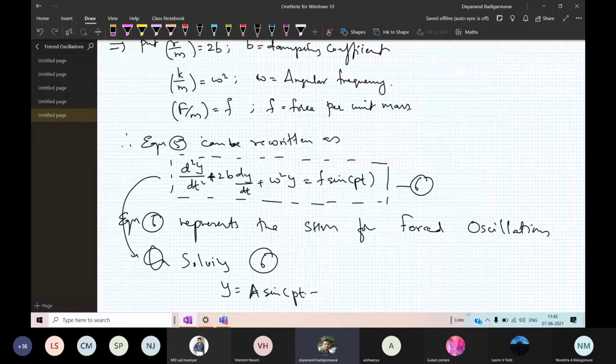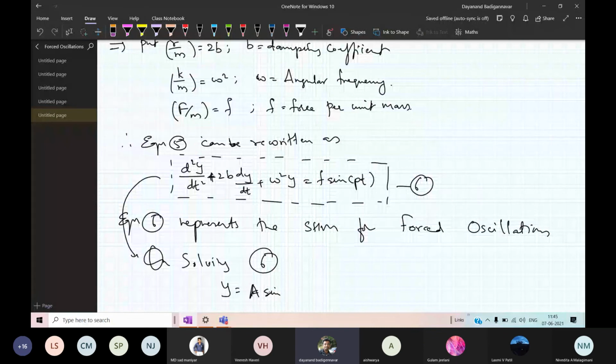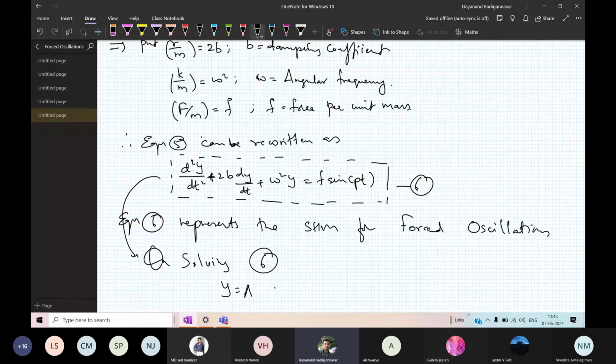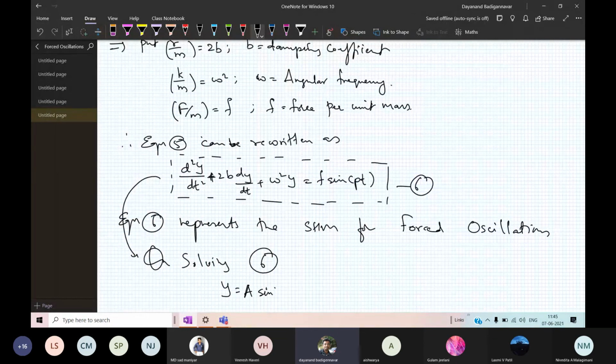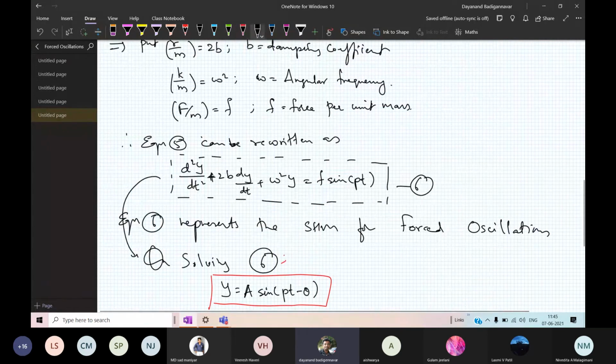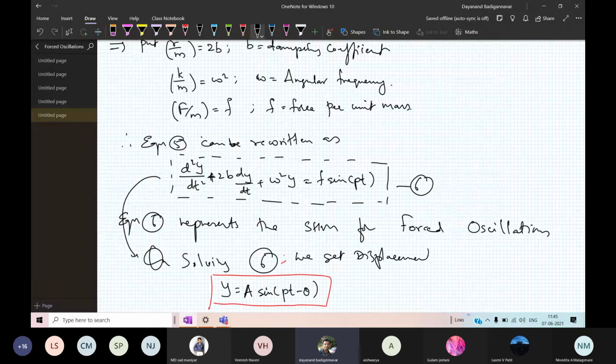This is the equation for displacement. This is how we get the equation for displacement on solving 6.